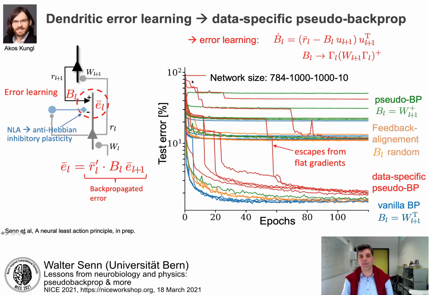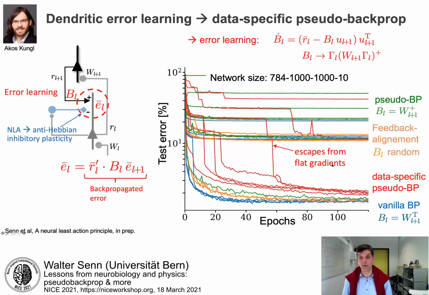And you see, it may be bad and get stuck, but most of the trajectories, they learn to escape from these flat gradients. And this is better than typical feedback alignment that we can see here. It's also better than a naive pseudo-inverse with the Penrose-Moore pseudo-inverse. We have data-specific pseudo-inverse as we learn this for the specific input data, and is almost as good as vanilla backprop.